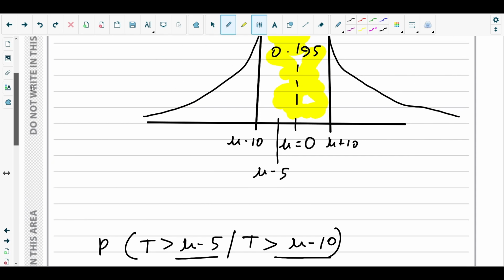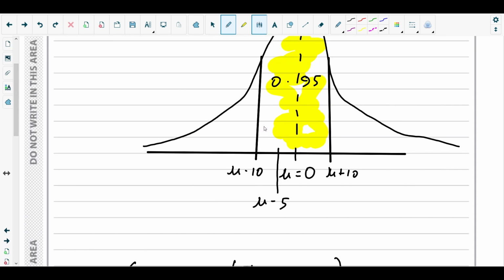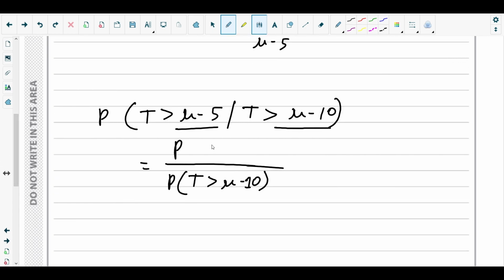T greater than mu minus 10 is from here towards this side, and t greater than mu minus 5 is from this part towards this. So which part is common between them? Definitely t greater than mu minus 5, right? So t greater than mu minus 5 is the common part, so that would be on the numerator, because in conditional probability the common part goes on the numerator, isn't it?